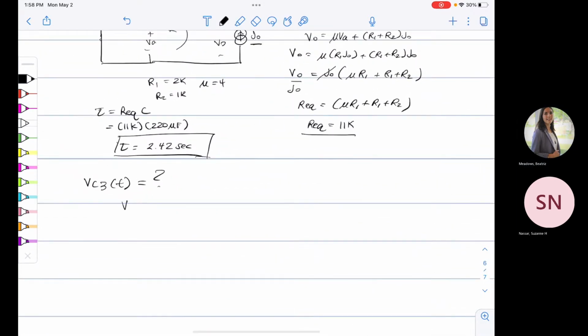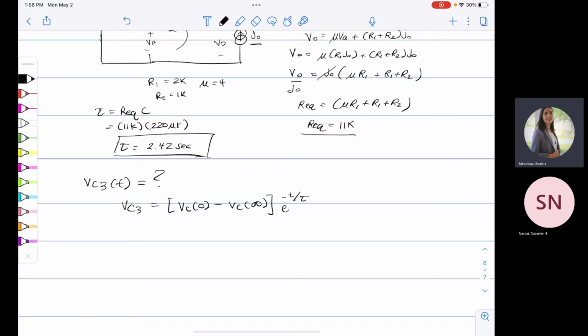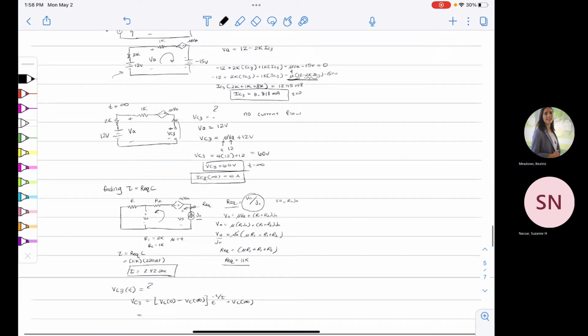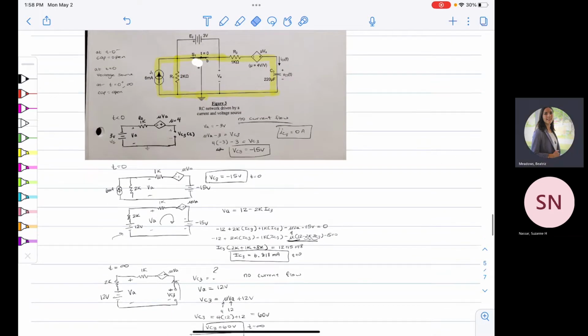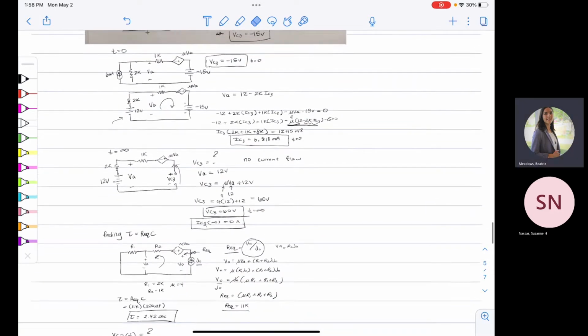So VC3 is equal to VC at 0 minus VC at infinity, times e to the negative t over tau, plus VC at infinity. So VC at 0, we found that to be, yeah.